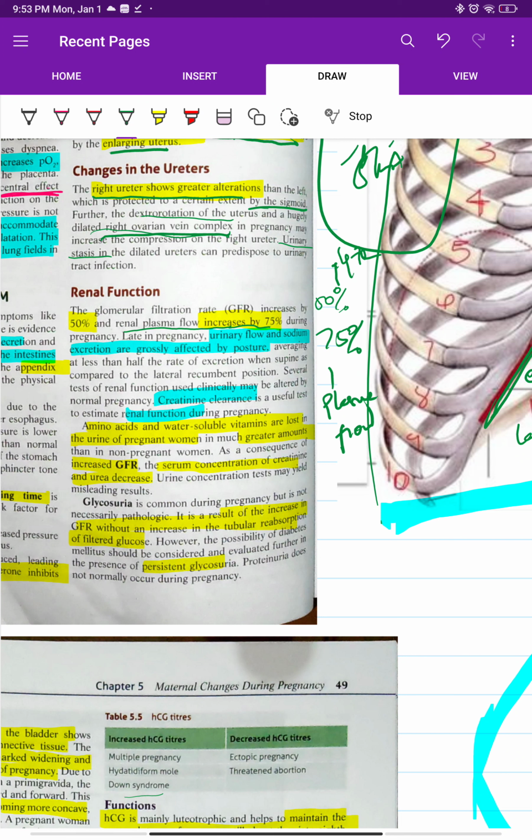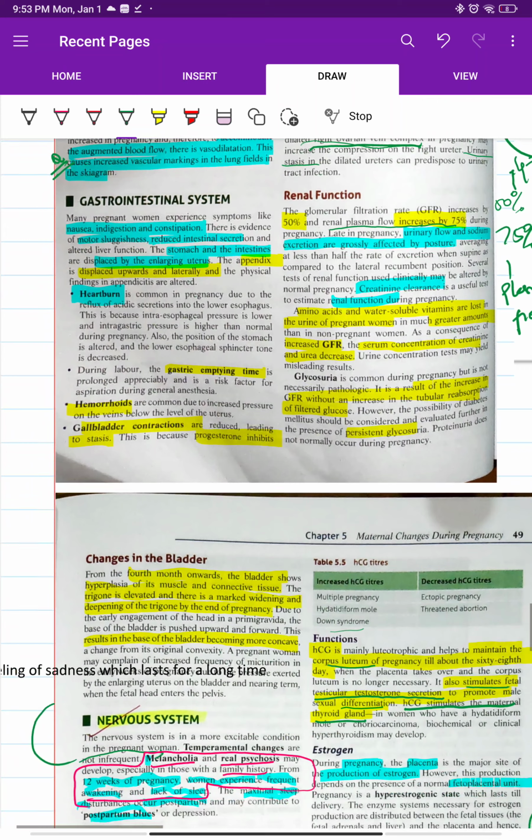And to see whether a pregnant woman's renal function is normal, we see creatinine clearance. And we all know amino acids and water soluble vitamins are lost in the urine of a pregnant woman in a greater amount. Therefore, there is increased GFR, and glycosuria is very common. But if it is persistent, we should consult a doctor.